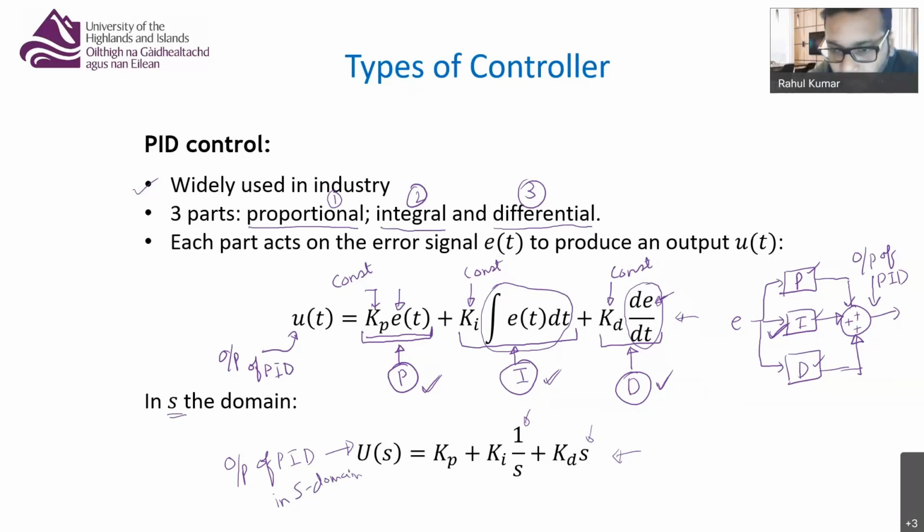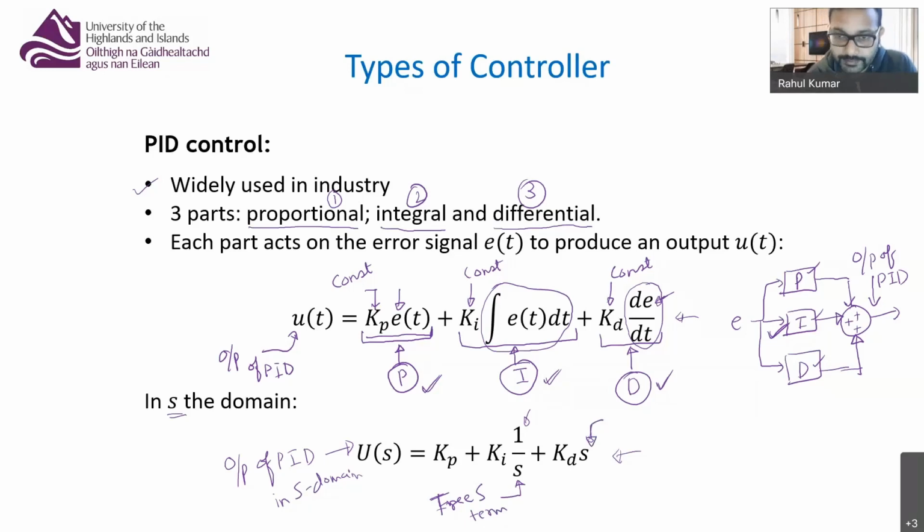Now from this output, you can see the free S term in the denominator. In the previous class we studied the effect of a free S term. A free S term in the denominator is used to reduce the steady state error, and if you have a free S term in the numerator, it will increase the steady state error, right?